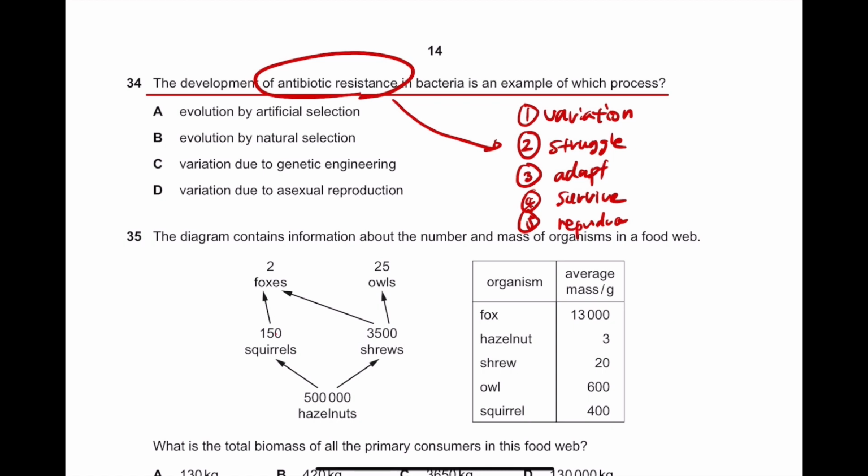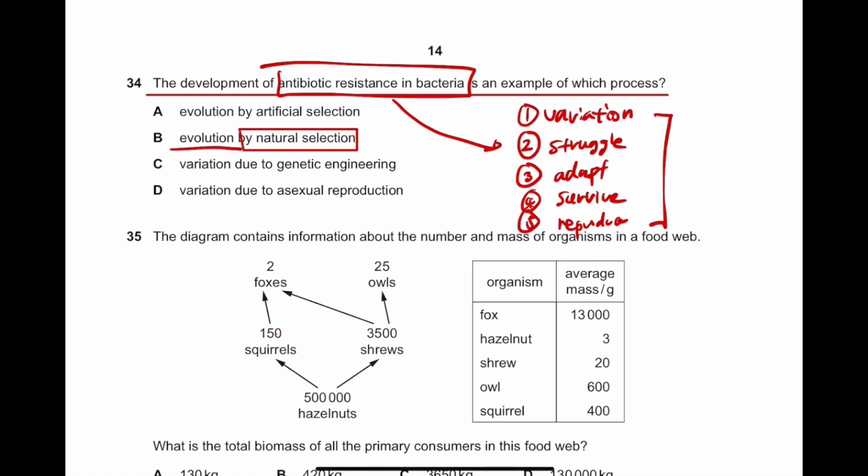Okay? And that's the development of antibiotic resistant bacteria overall. So these steps or criteria are the example of natural selection. Evolution by natural selection. So B is the right answer for this one.